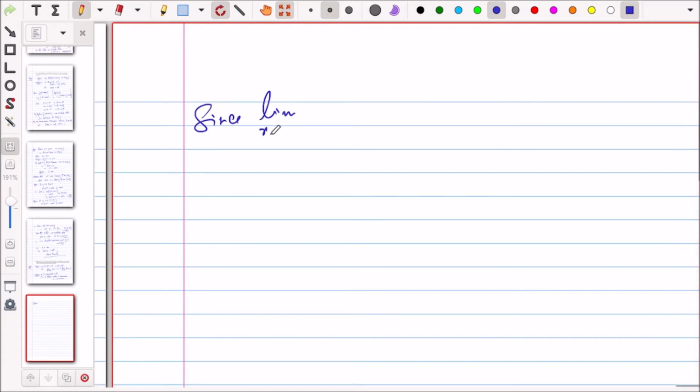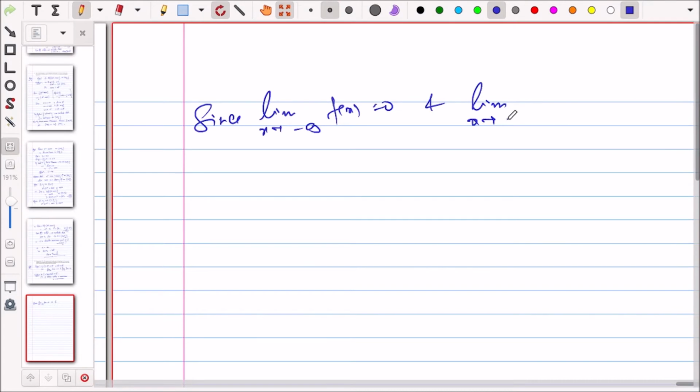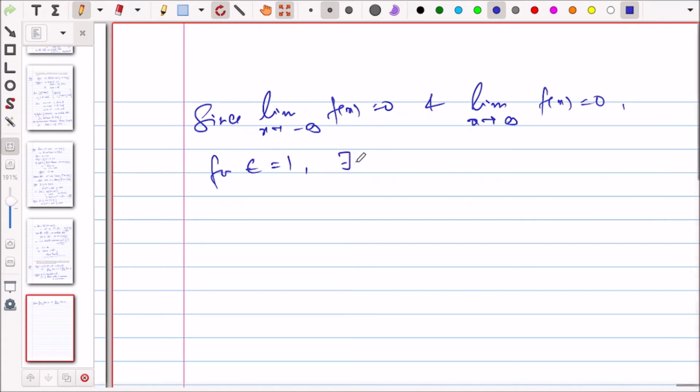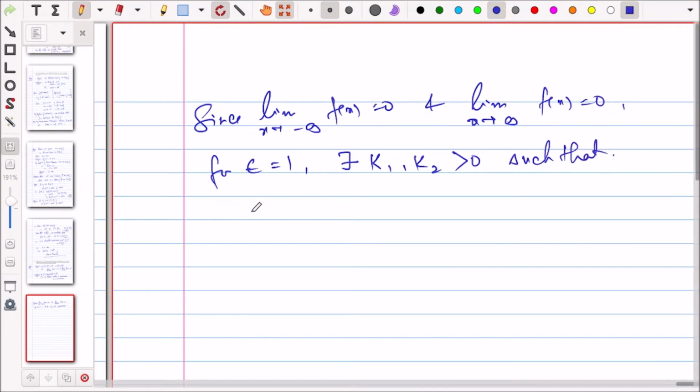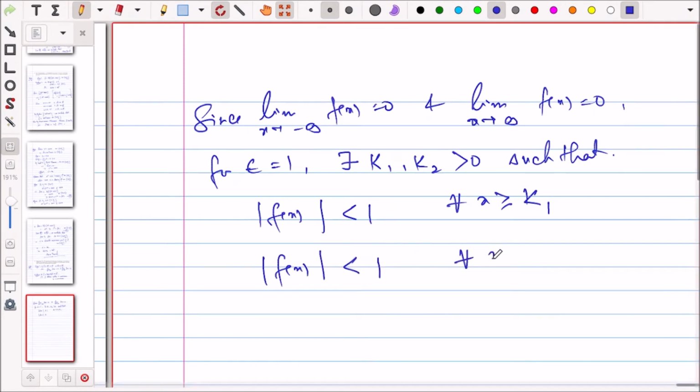Since limit x tends to infinity f x equal to 0 and limit x tends to minus infinity f x equal to 0, for epsilon equal to 1 there exist k1, k2 greater than 0 such that modulus of f x is less than 1 for all x greater than or equal to k1, and modulus of f x is less than 1 for all x less than or equal to minus k2.